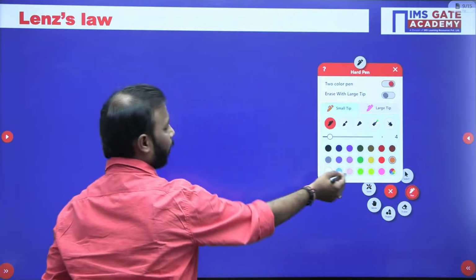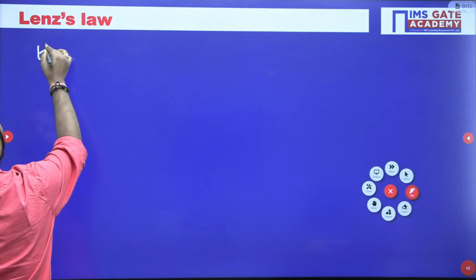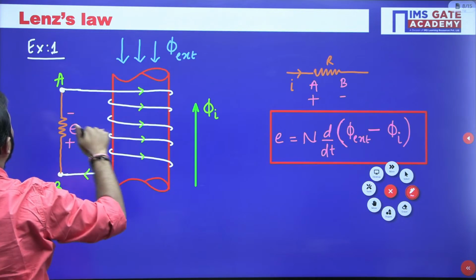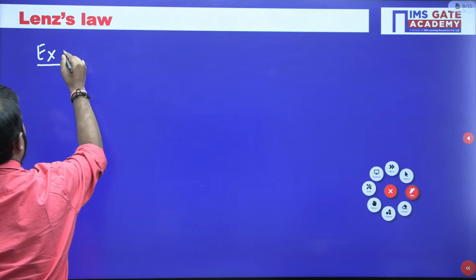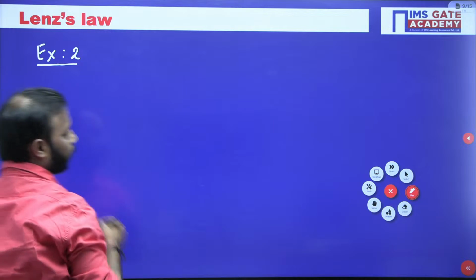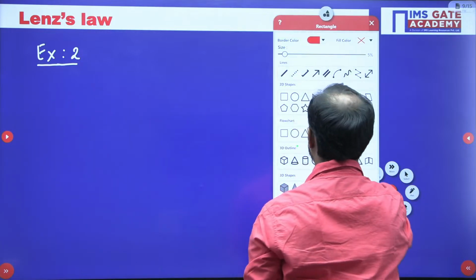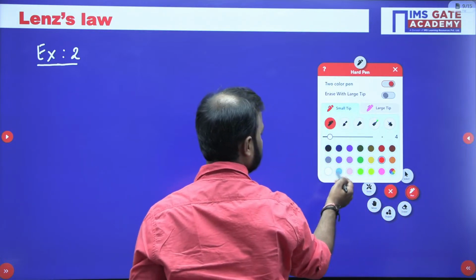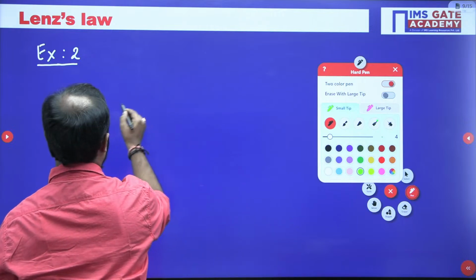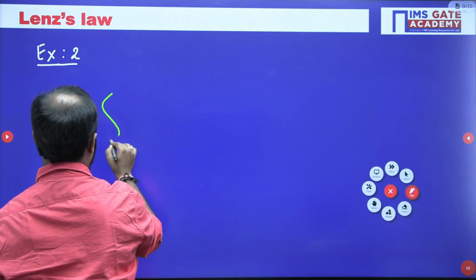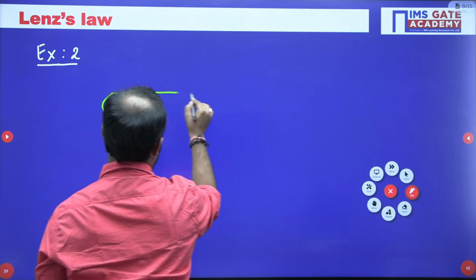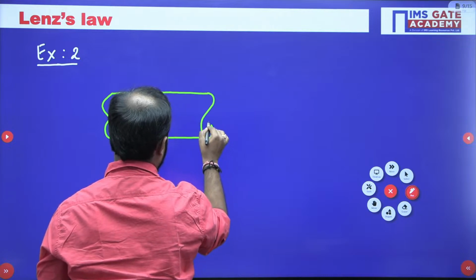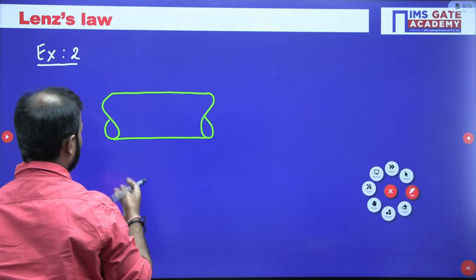Example 2. Okay, so please wait. Meanwhile, let me draw the diagram over here. Okay, so let me make a coil.